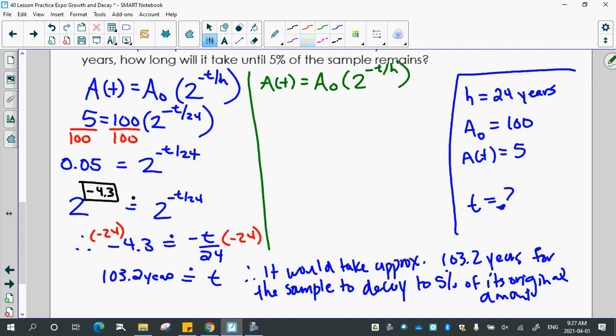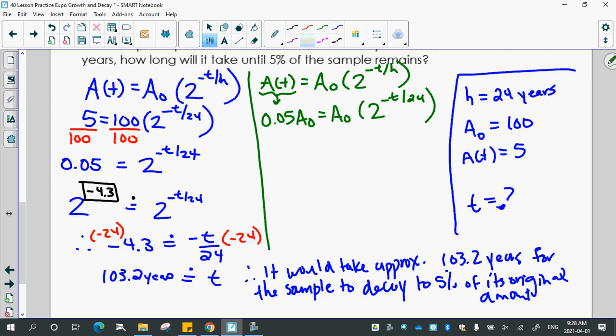But that's to say that the final amount is 0.05 or 5% of the original amount. It doesn't matter what the original amount is. I'm going to end up with 5% of the original amount, which means multiplying the original amount by 0.05.